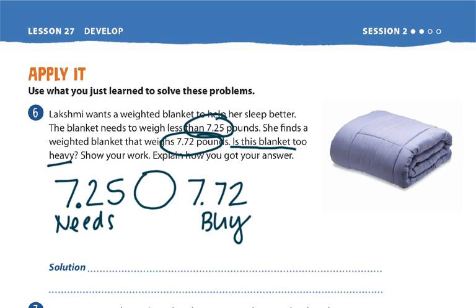Yeah, $7.25. Freya, how much is this one worth in dollars? $7.72. Which one's more money? $7.25 or $7.72? Yeah, so that one's bigger. Does it work? Is the blanket too heavy? Yes, too heavy.